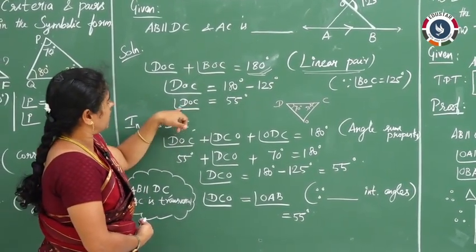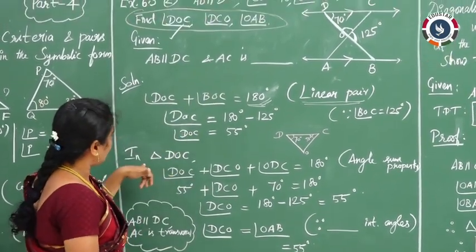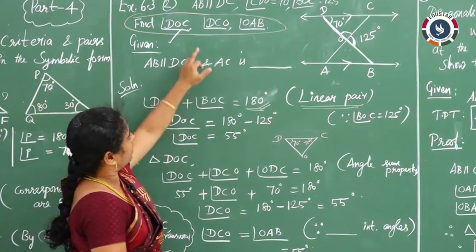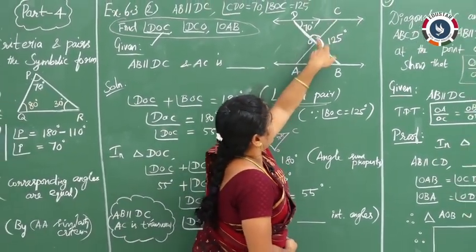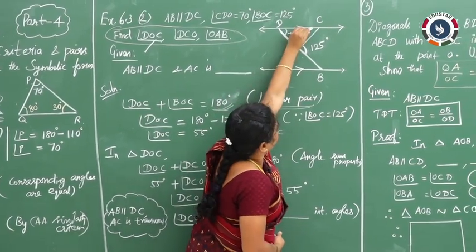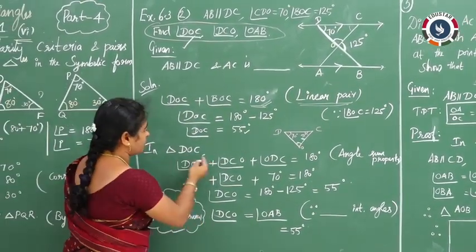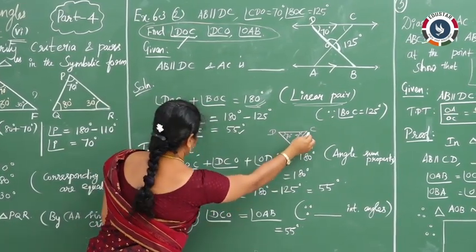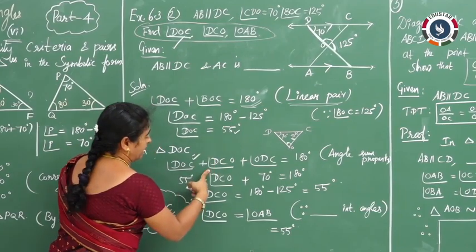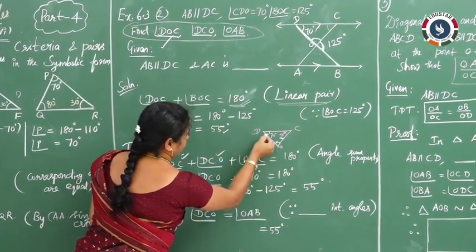So we found DOC. So the first thing we have completed. Second, we are going to find out angle DCO. Exactly, this is the angle we are going to find out. So how do we find out? In triangle DOC, DOC plus DCO plus ODC.